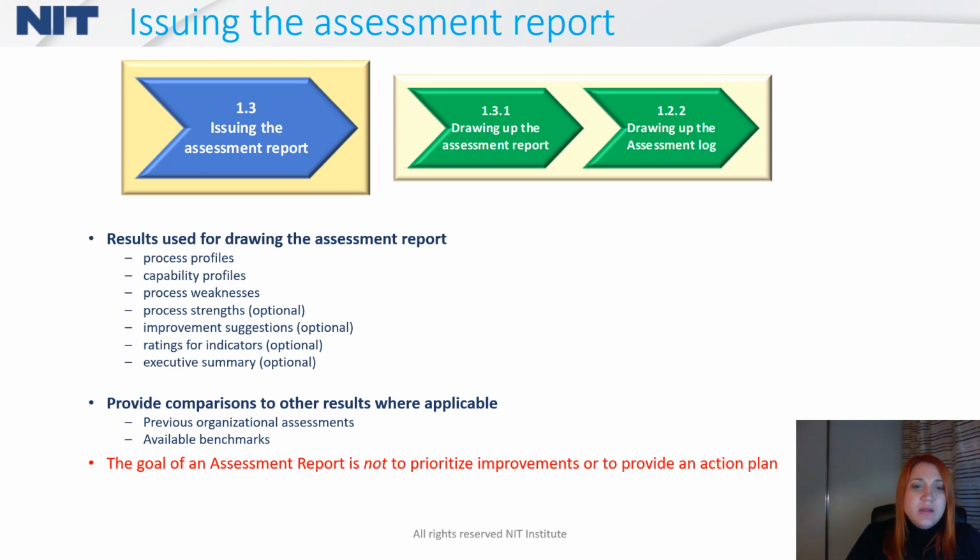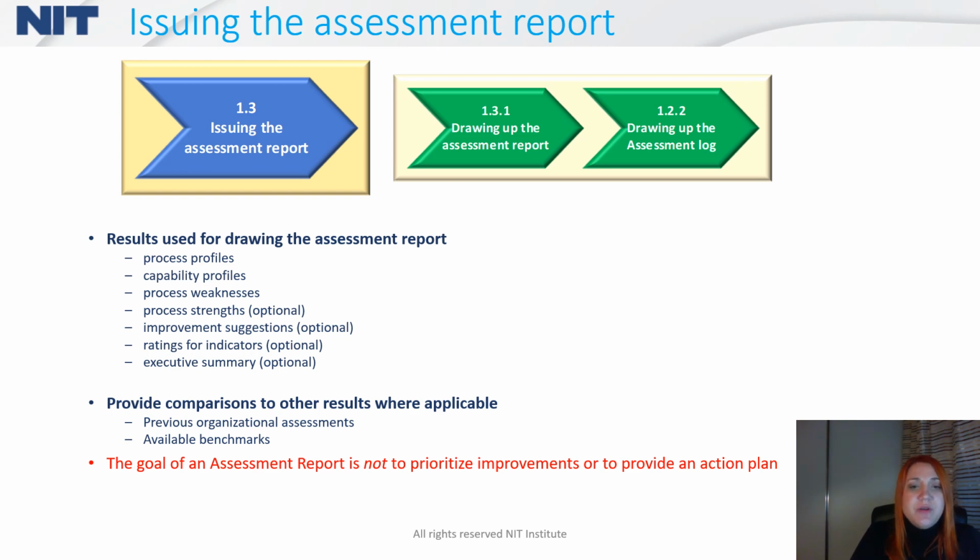The first one means that the results for the assessment report must be derived from the process profiles, the capability profiles, the process weaknesses, strengths, improvement suggestions and similar, and from the ratings for the indicators and some objectively written notes. It is also good that the assessor gives some comparison to other results if applicable.